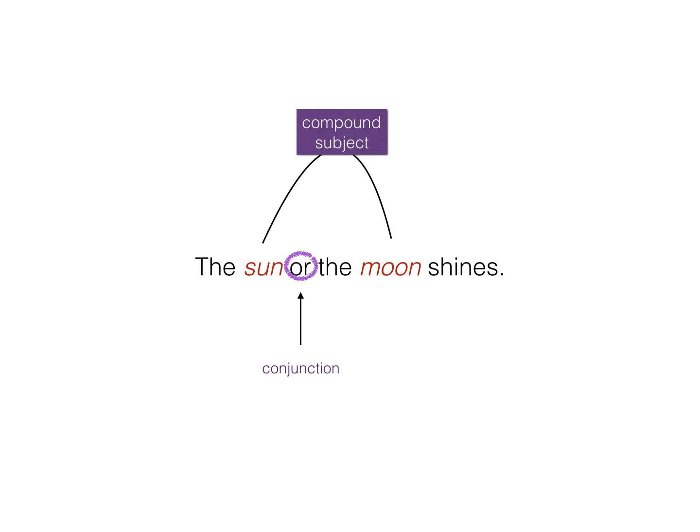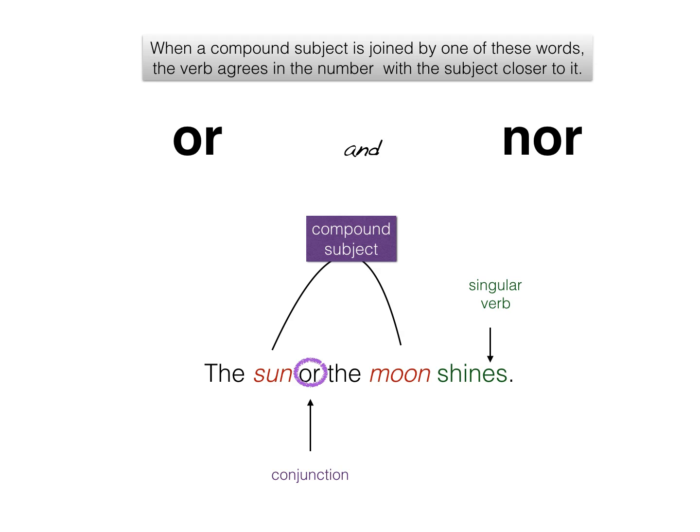Now let's take a look at or and nor. When a compound subject is joined by one of these words, the verb agrees in number with the subject closer to it. The subject closer to the verb is the word moon, and that is a singular subject. So therefore, our verb should also be a singular verb.